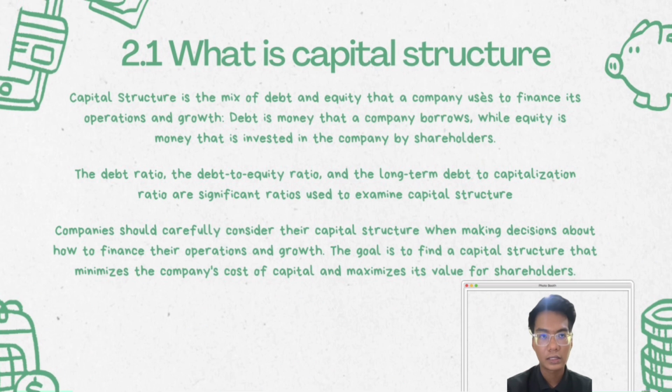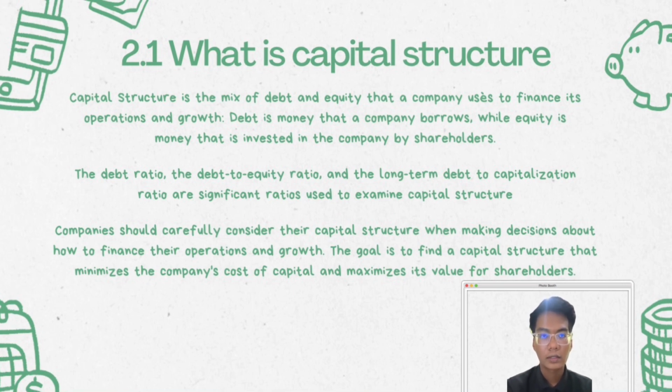As you can see on the slideshow, what is capital structure? So basically, capital structure is the mix of debt and equity that a company uses to finance its operation and growth. Debt is money that a company borrows. Short-term borrowing, long-term debt, loans and commercial papers are examples of debt. How about equity?